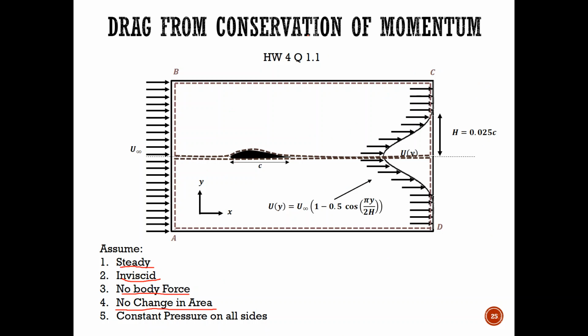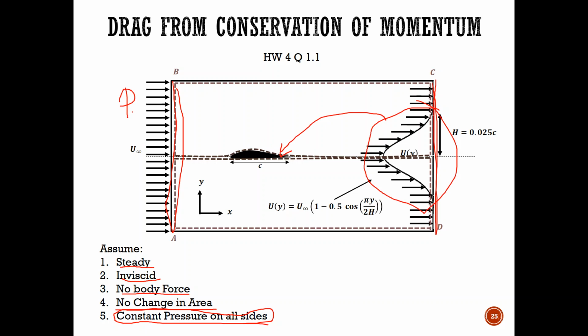Okay, and for all intents and purposes, let's just make sure that it's a constant pressure on all sides, even though that's not true. Okay, the reason why we're assuming this is because we are assuming the pressure on this side equals the pressure on this side, even though that's not really true. But the reason why we're enforcing this is because we want to make sure that the change in momentum is purely due to the drag force on the object, okay, and not due to the pressure variation between side one and side two.